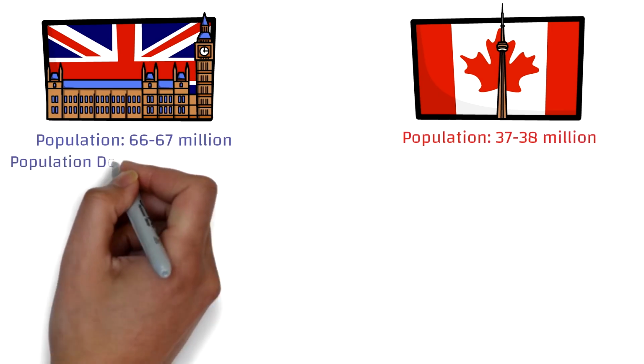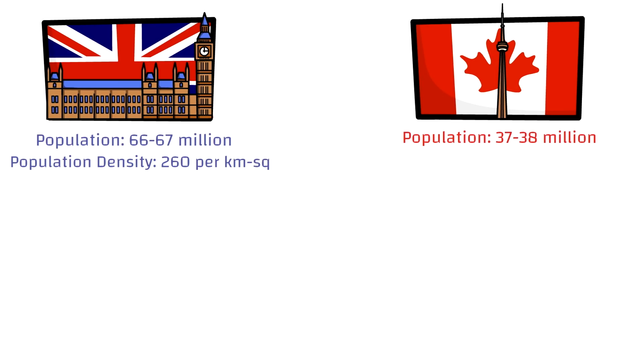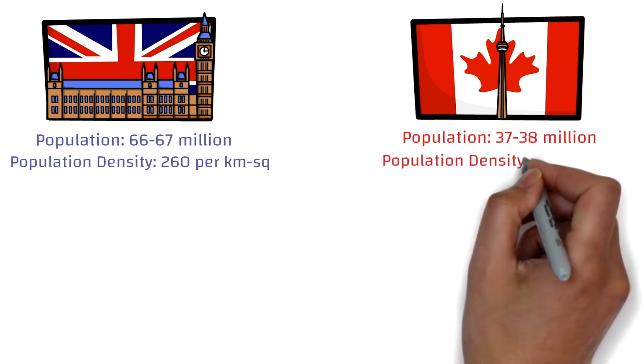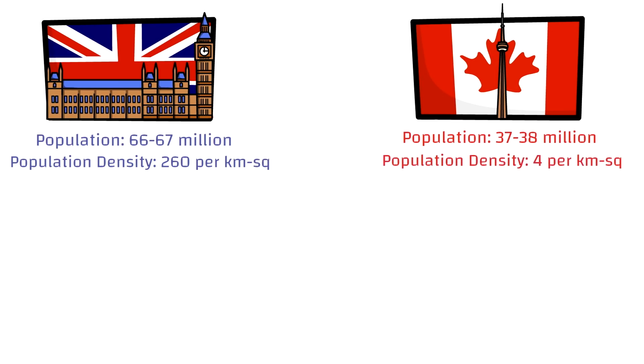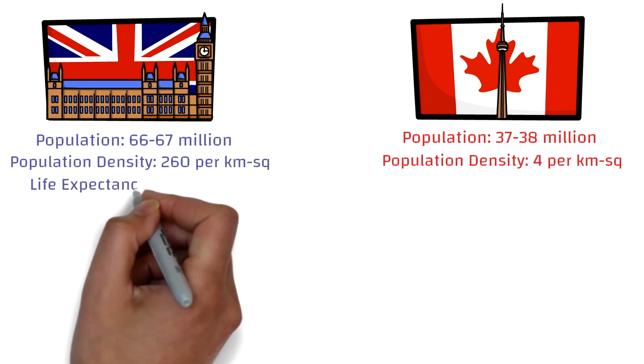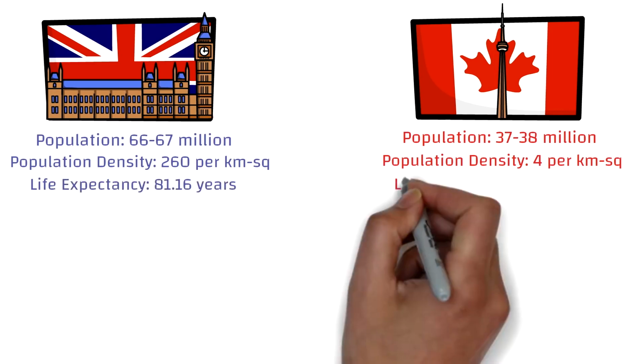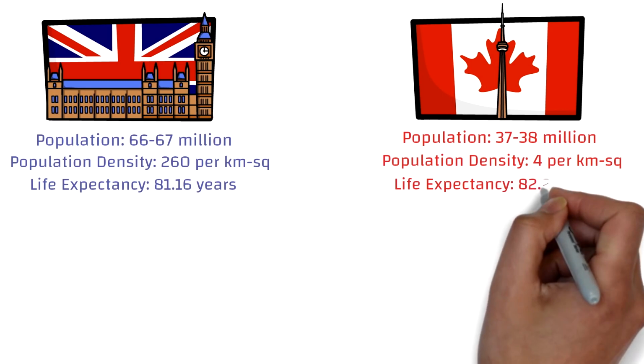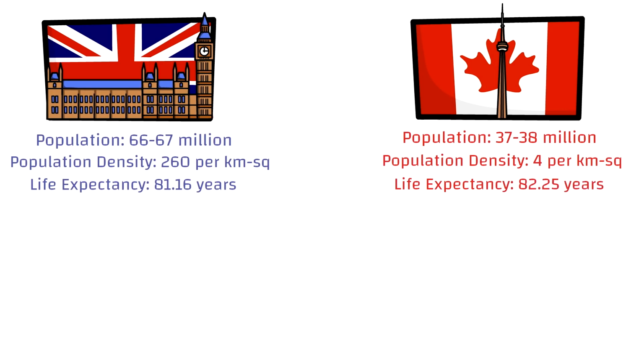We already discussed that, right? Now the population density of the UK is way more than what it is in Canada, because of its huge size. The life expectancy of both countries is almost very similar.